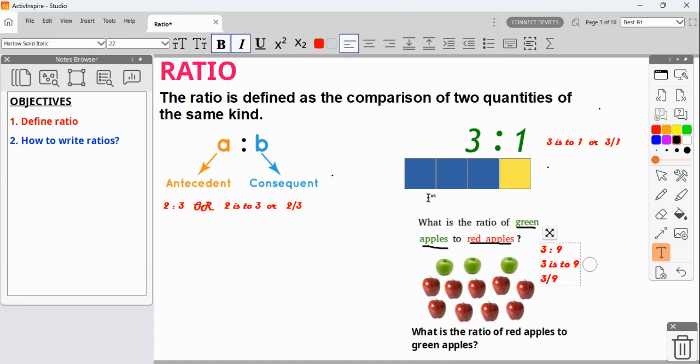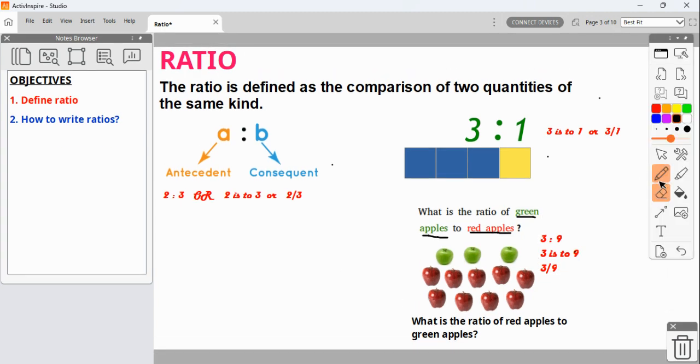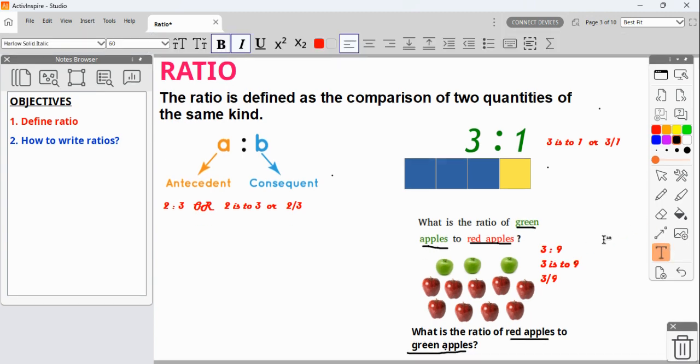Next question is what is the ratio of red apples to green apples. Now the first quantity is red apple and the second is green one. So first we will write the quantity of red here, then green. So we can see here red apples are 9.